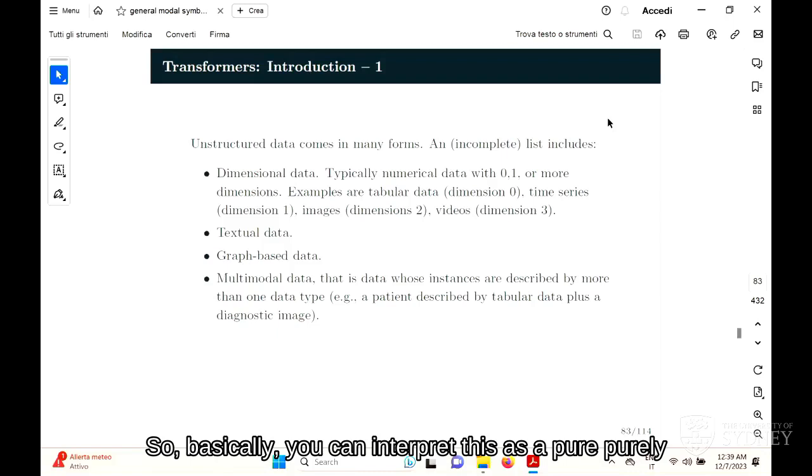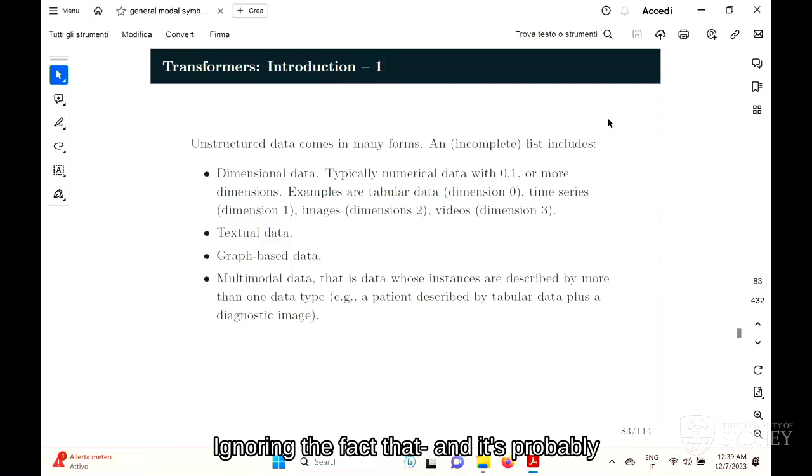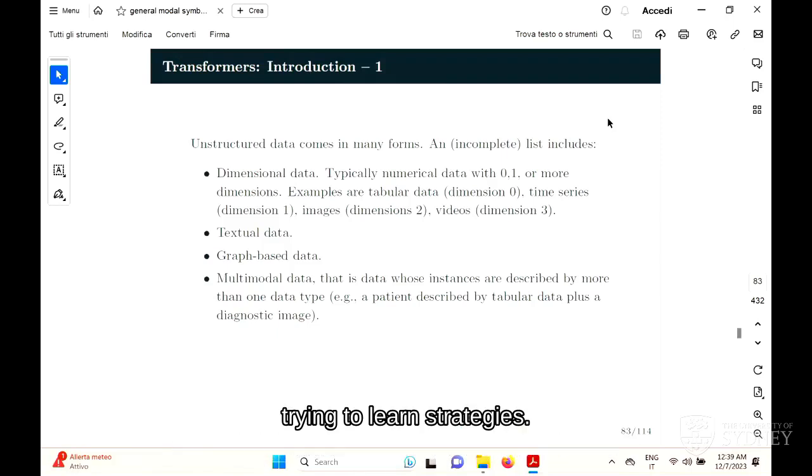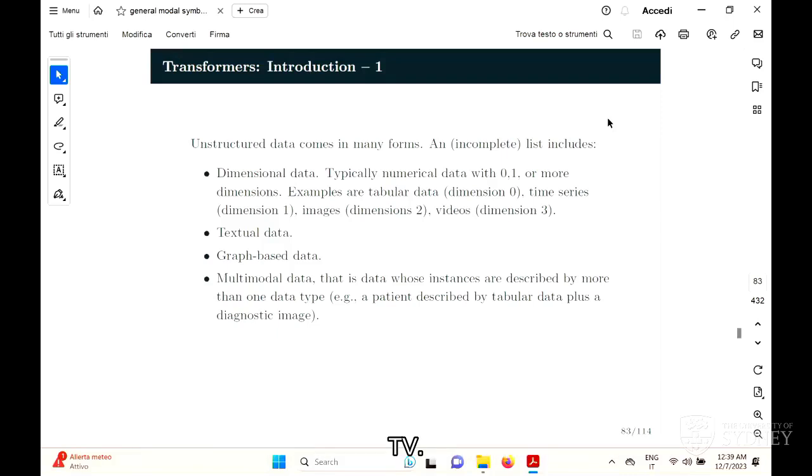So basically, you can interpret this as purely temporal if you wanted to, okay? What are we trying to learn? Strategies, maybe? Like AI strategies, or players that are sometimes missed on TV. Yeah. All right.